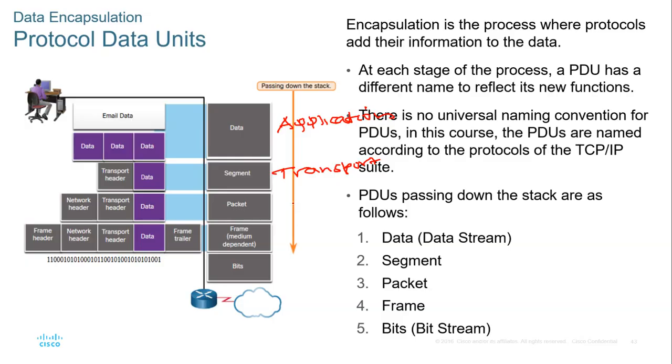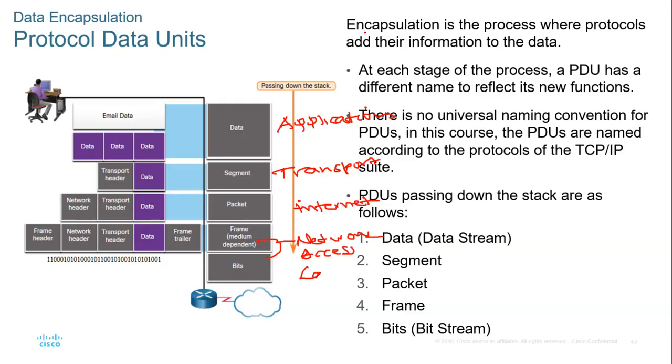Then packets, there is internet, and when it comes to the frame, it's network access. So it takes these two.